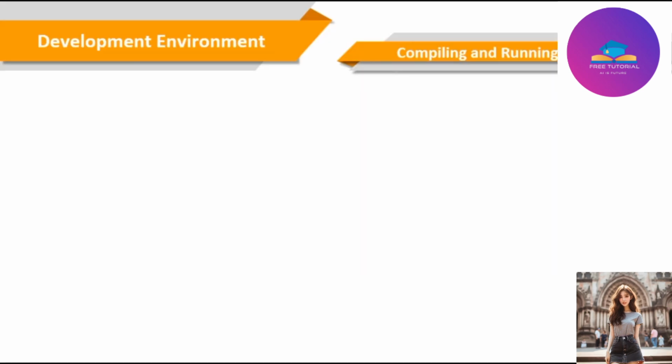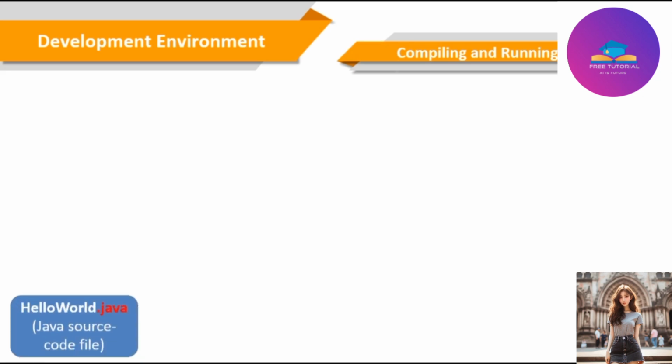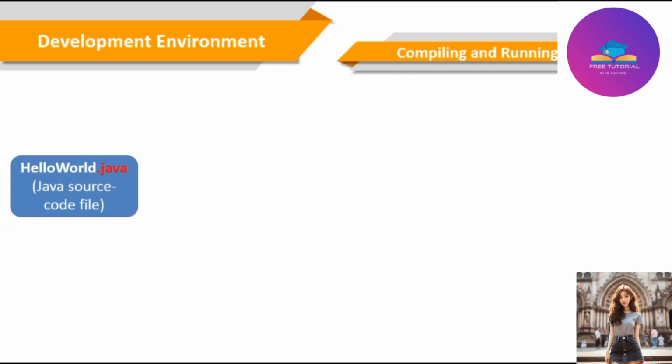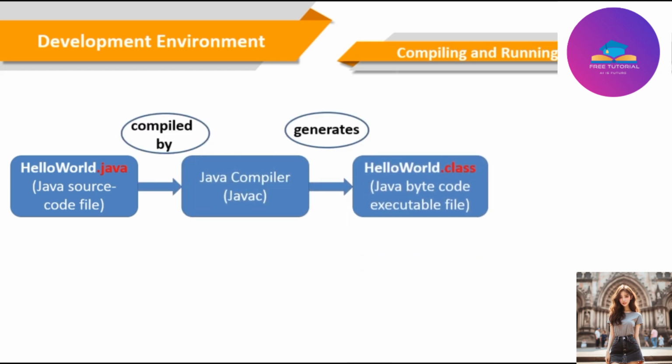Okay, so let's understand how our Java Hello World source file was compiled and then executed. First, we wrote the Java source code in the HelloWorld.java file using the Eclipse IDE. Then the program has to be compiled into bytecode. The Java compiler compiles the source code and then generates the HelloWorld.class file.